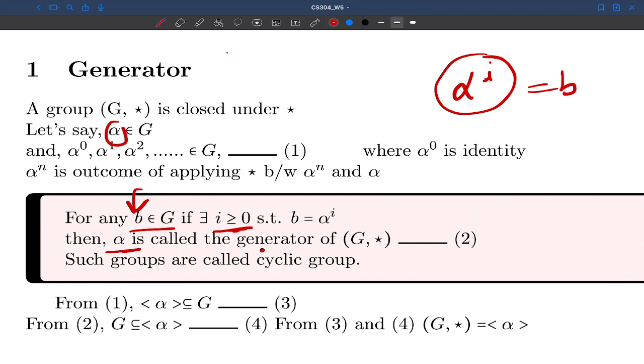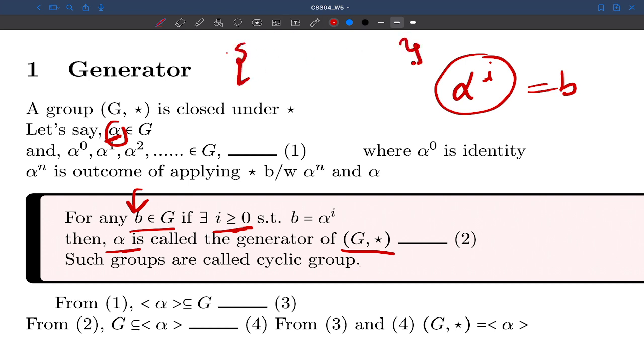So you see here, alpha is able to generate every element of G, if it is possible. It is not always true, right? If alpha is a number which can generate every element of my G, then that alpha is called the generator of my group, right?